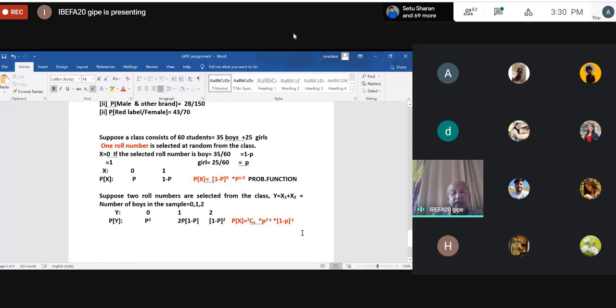Now, if you put y equal to 0, you will get p square. If you put y equal to 1, you will get 2 times p into 1 minus p. If you put y equal to 2, you will get 1 minus p square. So this is the probability function. This is called probability function.